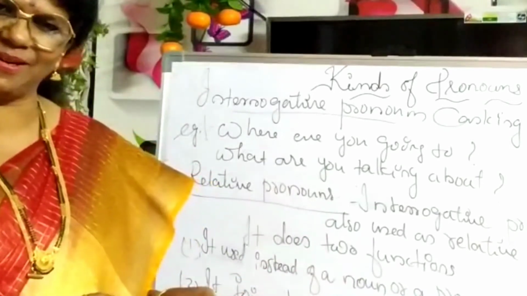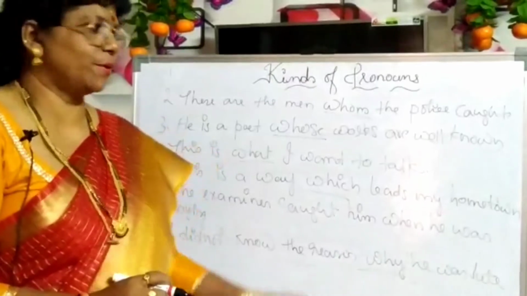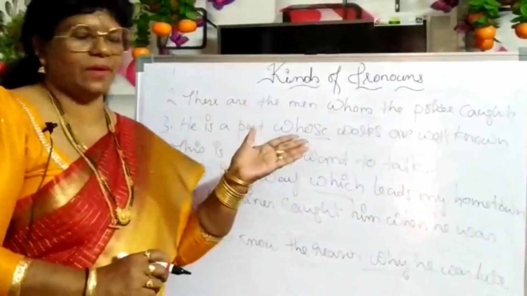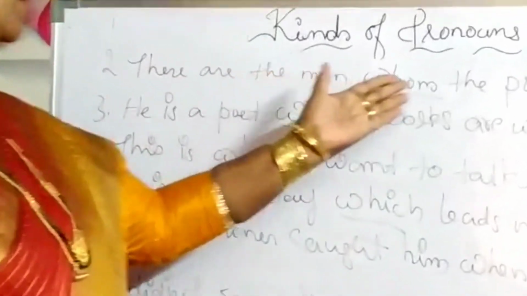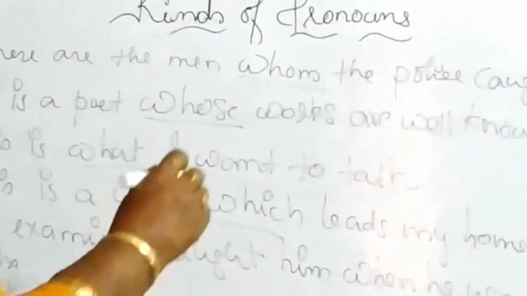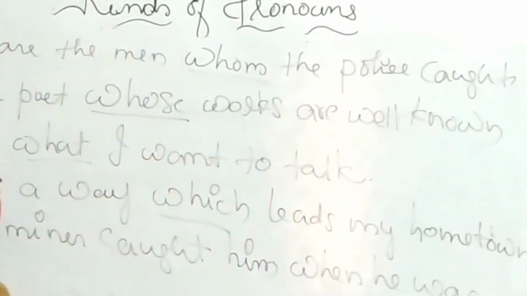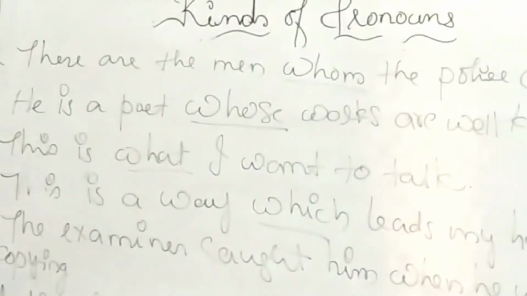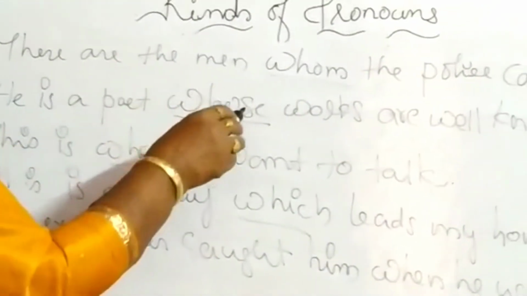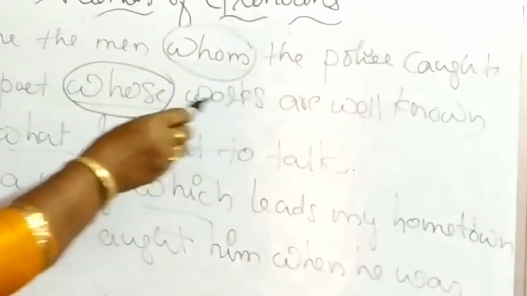It's very interesting, no? Okay. Let us go through some more examples for relative pronouns. These are the men whom the police caught. Here, whom is the relative pronoun. He is a poet whose works are well known.